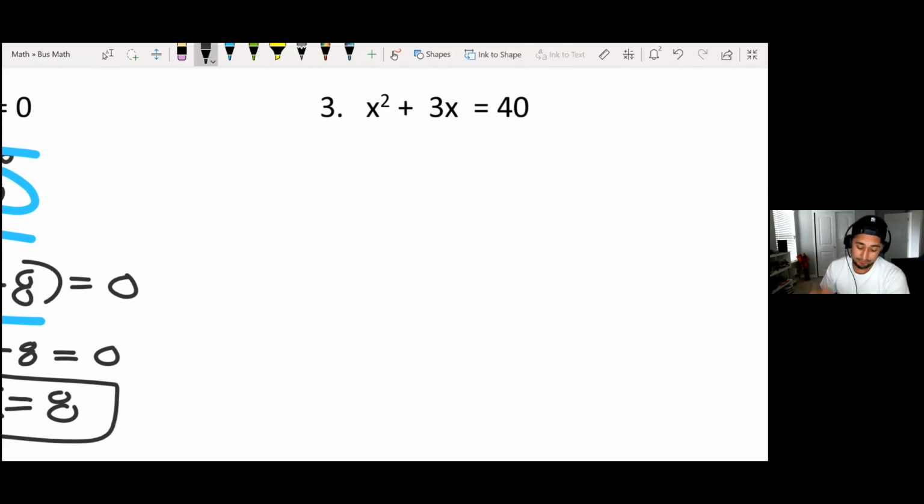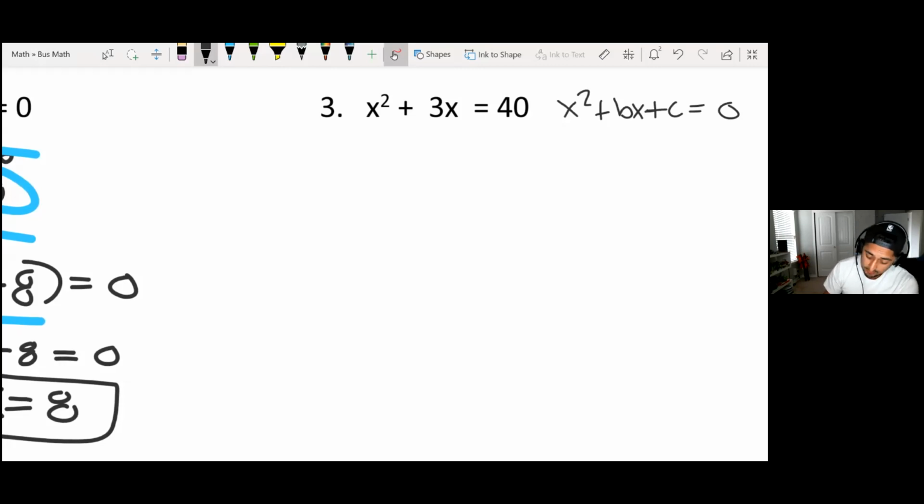Okay, so number 3, we want to factor this and solve it again, but it has to be in the proper format. The proper format is above on your paper, or I can write it here really fast and then erase it. Remember, our proper format has to be x squared plus bx plus c equal to 0. So the only number that should be on the right side is 0.